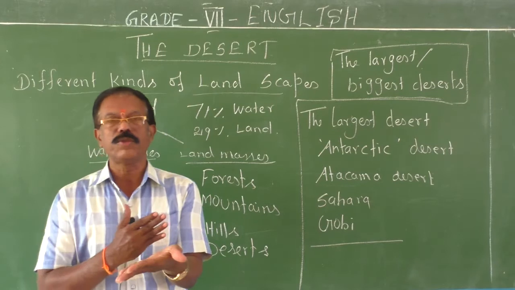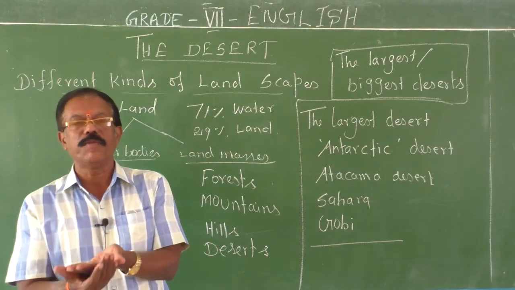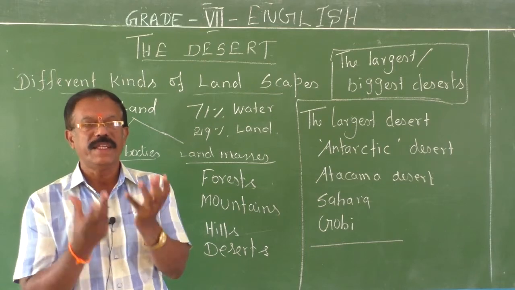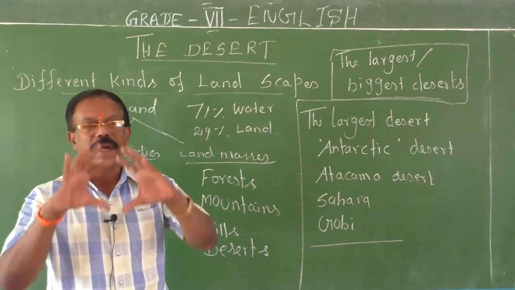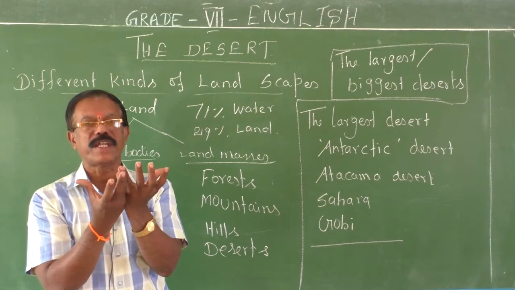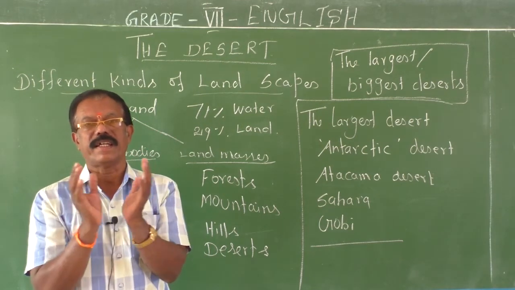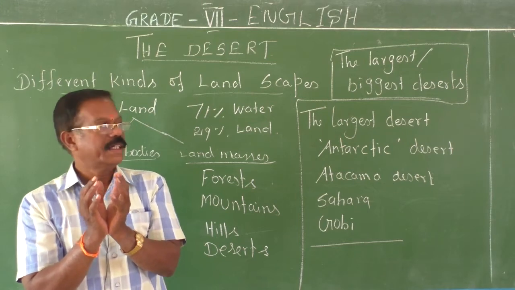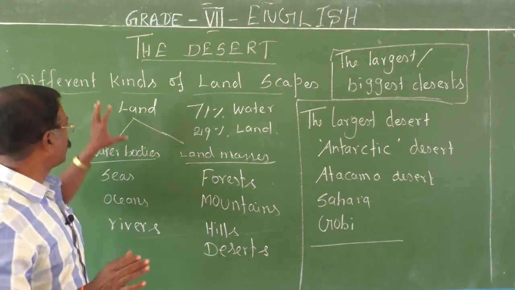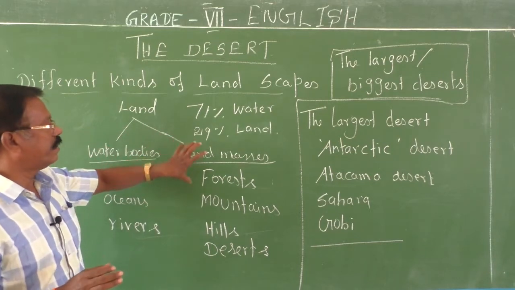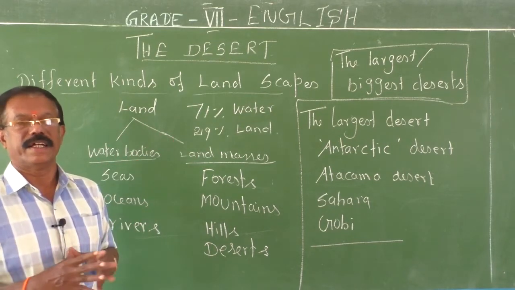If you go through the atlas at your home, or glance at the globe in our school, you can find different shapes and kinds of land masses. Generally, geography experts divide them into two types: one is water bodies covered by water, and another is mere land masses, terrestrial areas.